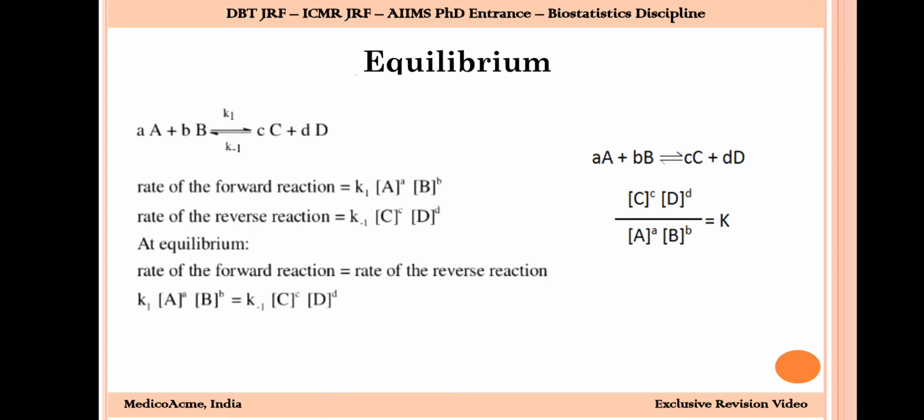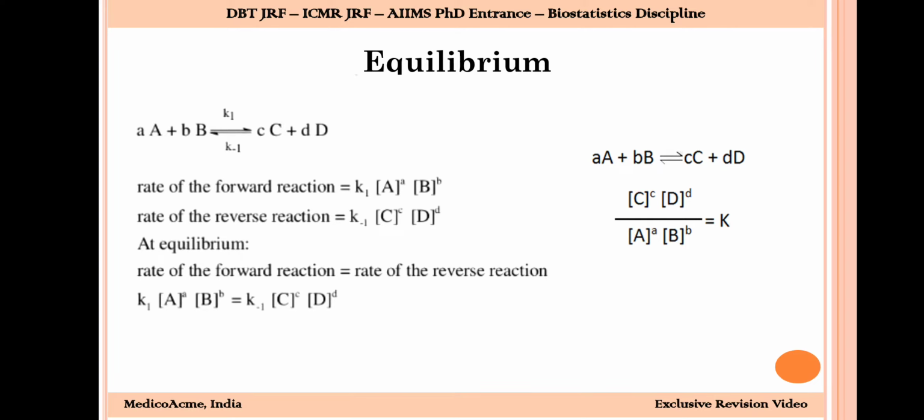The rate of forward reaction equals K1, that is the constant, multiplied by the concentration of the substrates, and the rate of reverse reaction will be the rate constant of the reverse reaction multiplied by the concentration of the products. Okay, so at equilibrium, as I said, the rate of forward reaction equals the rate of backward reaction.